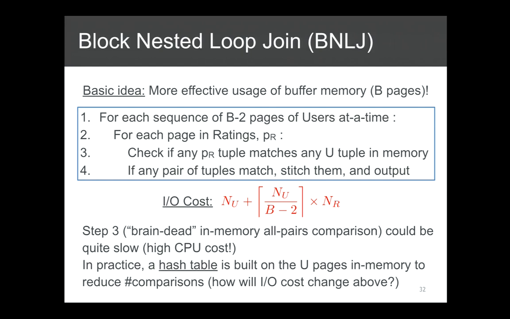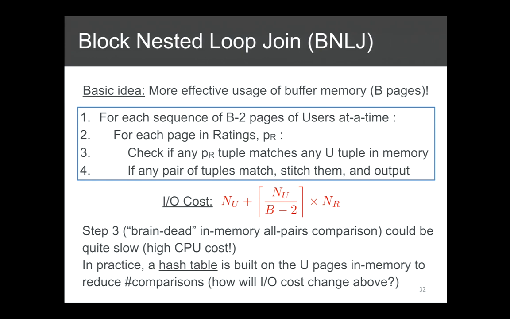You don't do the all pairs comparison with all the other records of U that do not match. That's a simple trick for reducing the computational cost of this all pairs comparison in memory. It does not affect the I/O cost yet, but technically it still does because you're building a hash table data structure on B minus 2 pages. What is the size of the data structure?